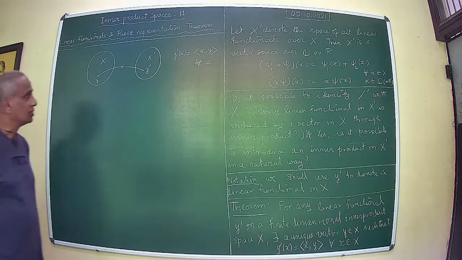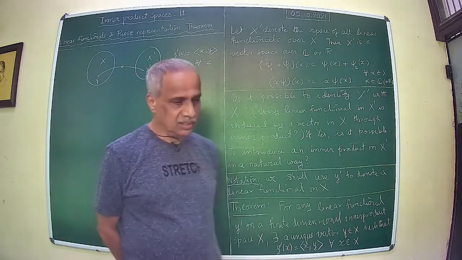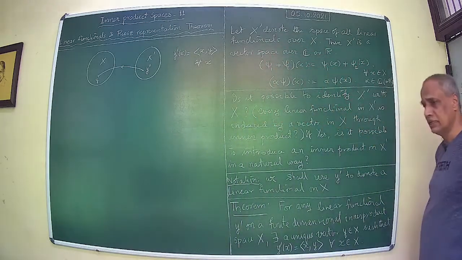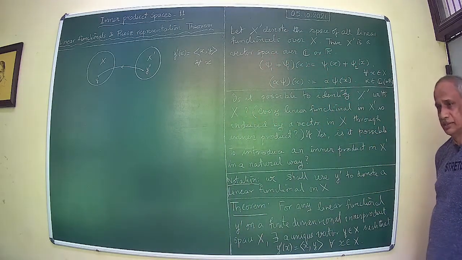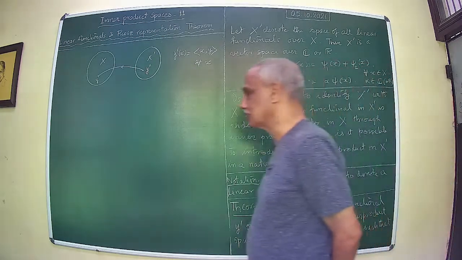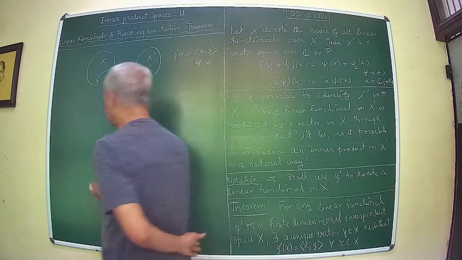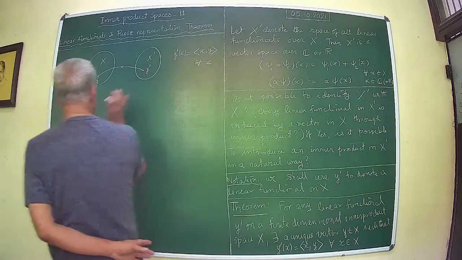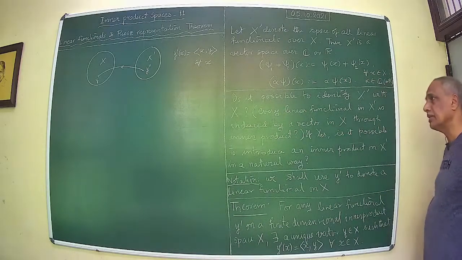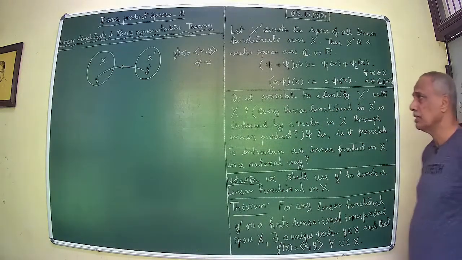If you take bounded linear functionals on X, then you can make it a normed linear space by defining a norm using the norm on X. So all this is possible. We will not go into it, but all those things are assured here because we are working with finite dimensional vector spaces.